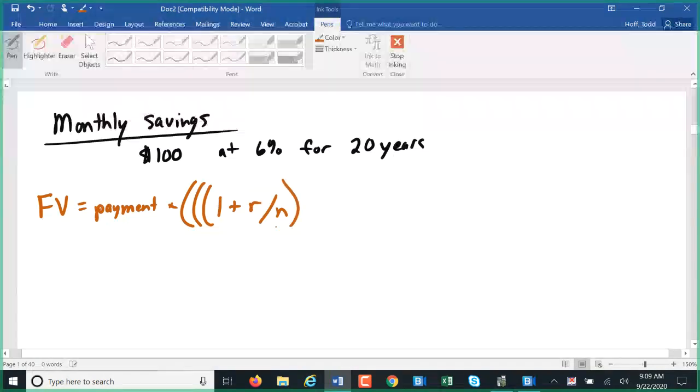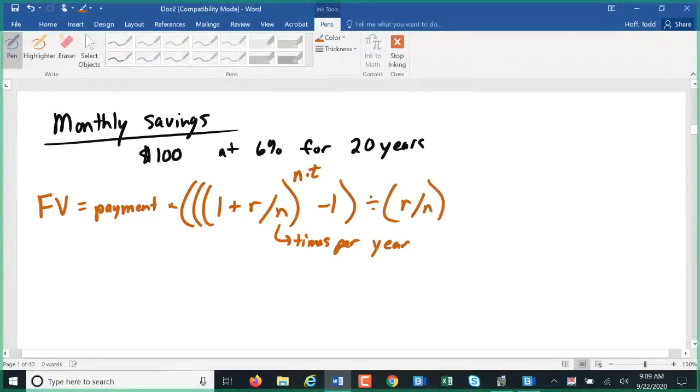N is the number of times per year. If it was quarterly, it would be 4. If it's monthly, it's 12. To the power of n times t, where t is your number of years, minus 1, close parentheses, divided by r divided by n again, and then close and close.